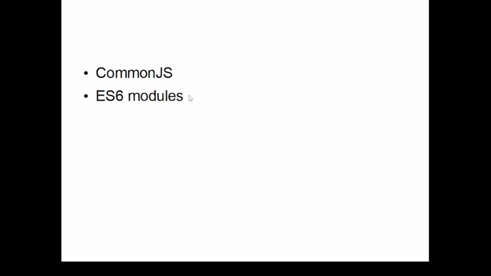For ES6 modules, this is a modern way of treating your JavaScript files, both in browsers and Node.js. Their syntax includes import and export statements rather than require and module.exports. Even their loading is asynchronous.